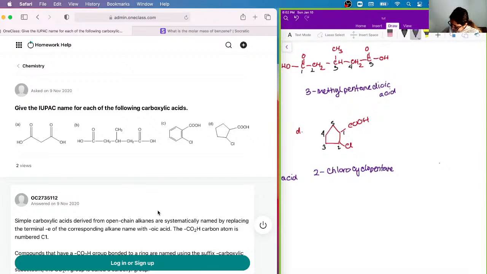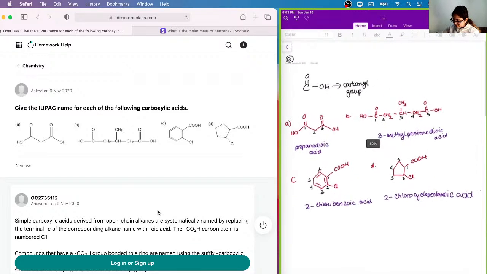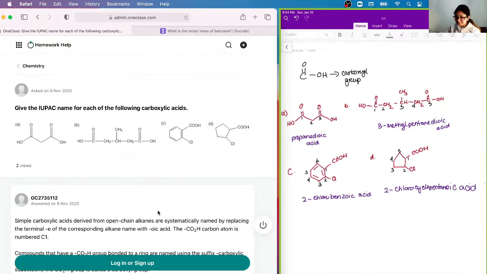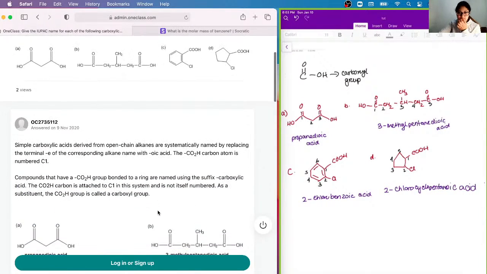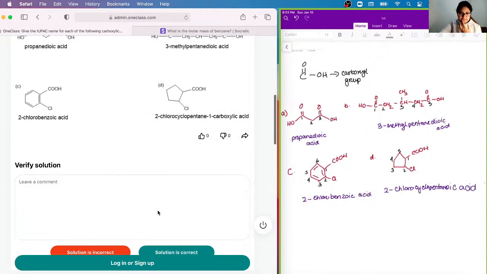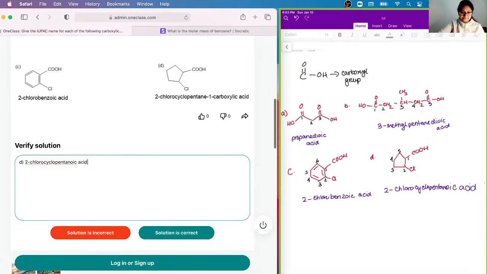Okay, so these are the 4 compounds and the names. For D, I would just say it could be 2-chloro-cyclo, and so the solution is correct.